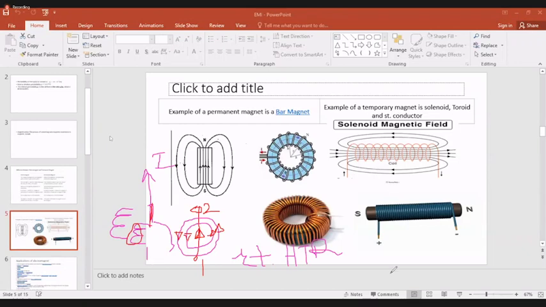Then draw the vice versa diagram, or draw another diagram and send the current from terminal 2 to terminal 1. When current is downward, then the thumb is downward over here.